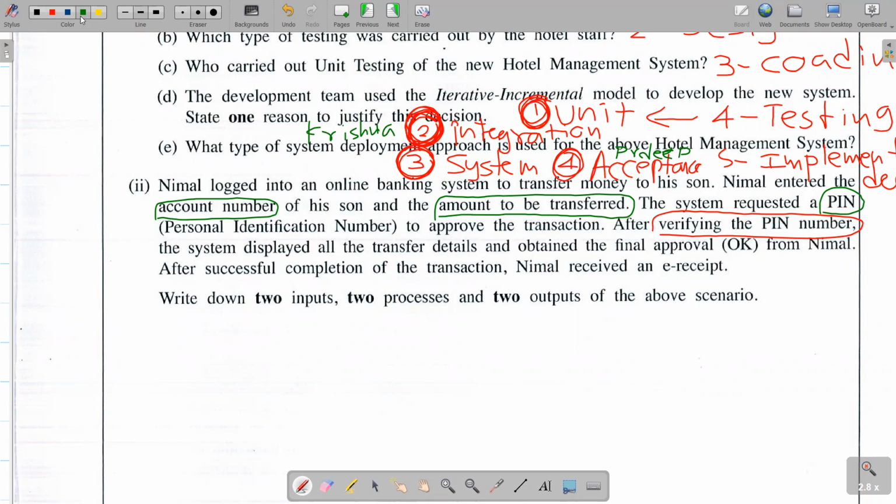The system displayed all the transfer details and obtained the final approval from Nimal. So all the transfer details is going to be an output. Obtaining final approval from Nimal, so the final approval is going to be an input. And it says after successful completion of the transaction, Nimal received an e-receipt. So the e-receipt is going to be an output.